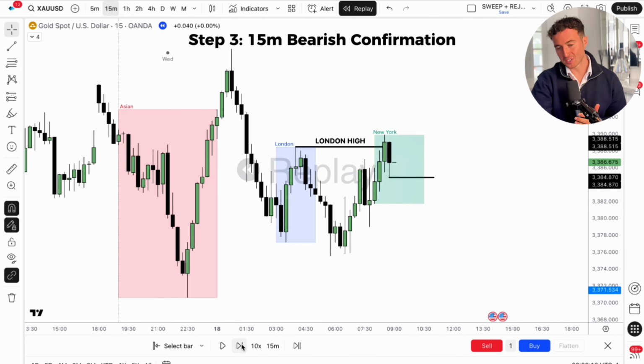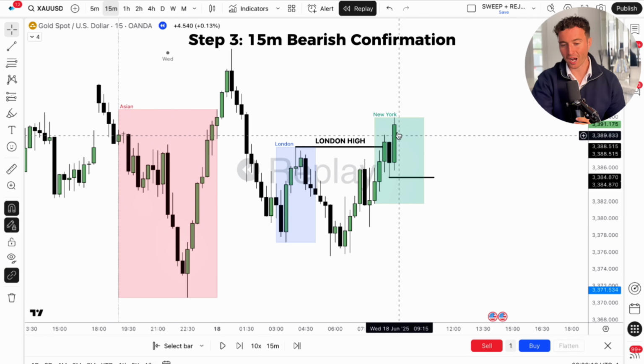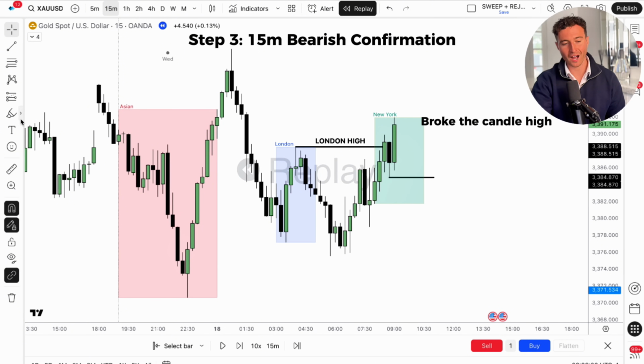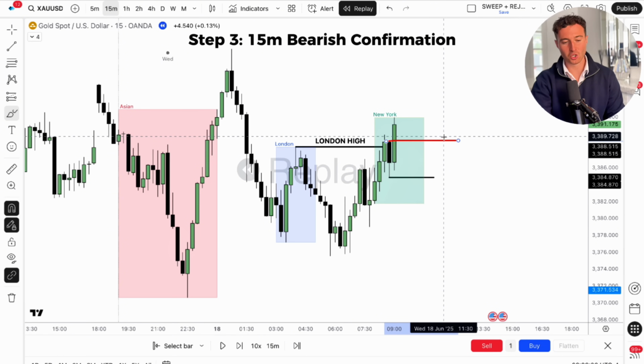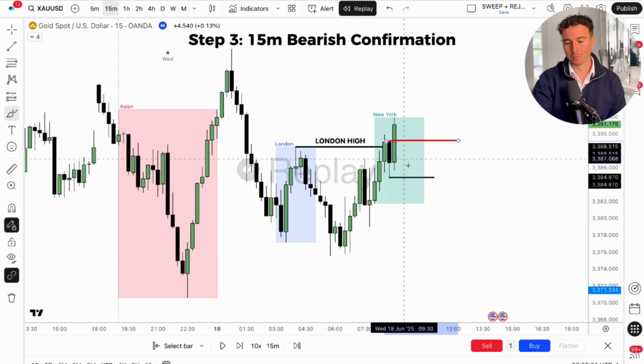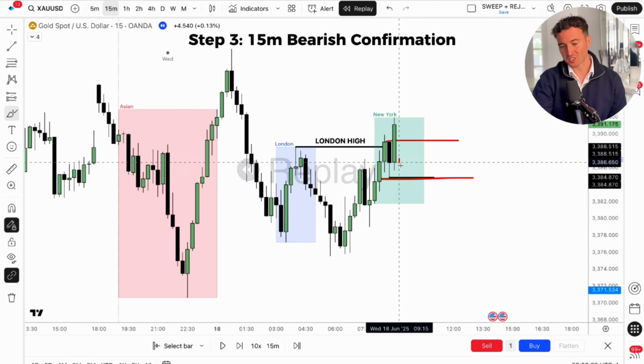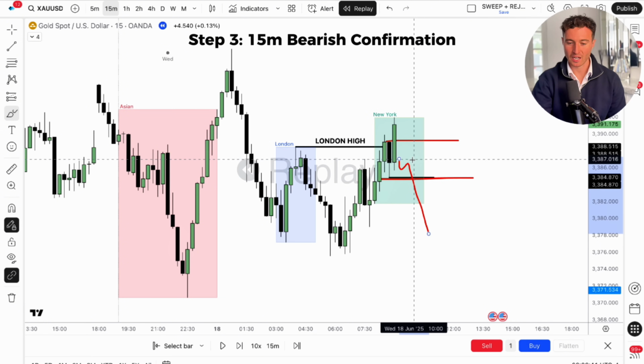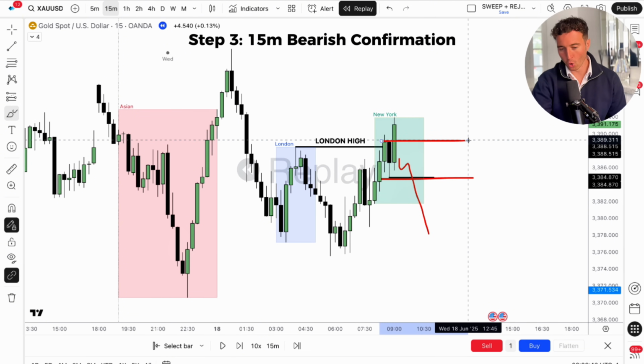But what you can end up seeing is price then pushed higher and broke the high of this 15-minute bearish candle. So in this scenario, what I do is I remove my sell stop out of the market. So my sell stop was originally placed right here, but because the sell stop didn't get triggered, and what ended up happening was we broke the bearish confirmation high.